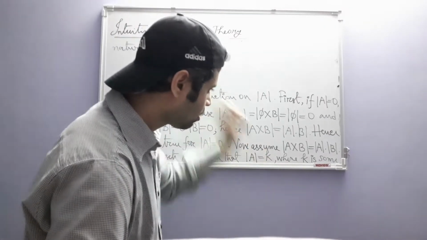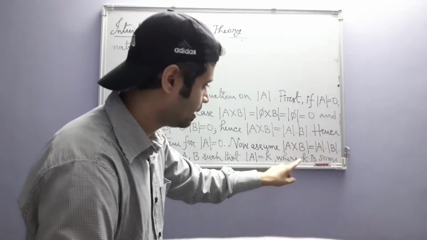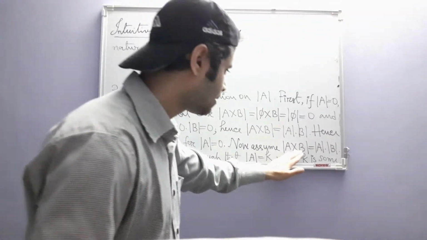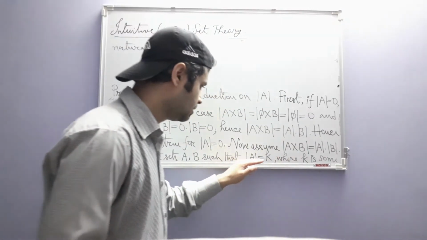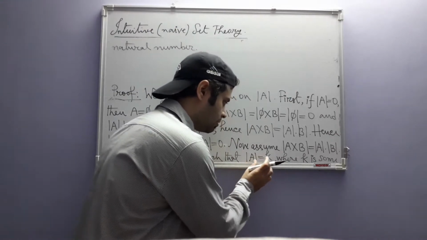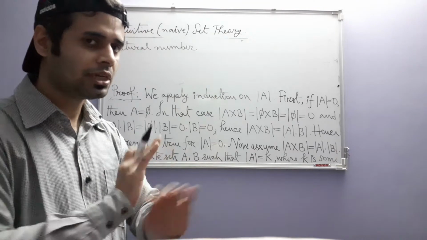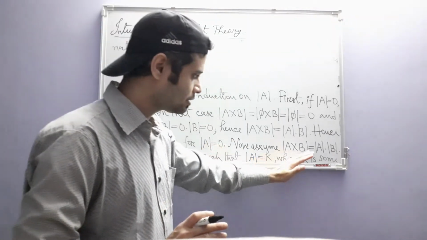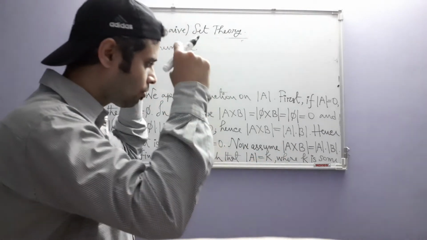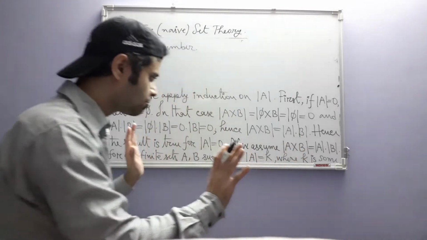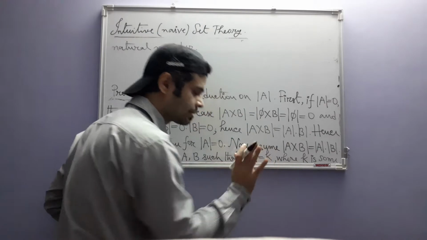For all of them, this is true. And at the same time, B can be any finite set. We have put a restriction on the size of A, but on the size of B, we are not putting any restriction. B just needs to be finite. For all such A's and B's, this is true whenever A has k elements.